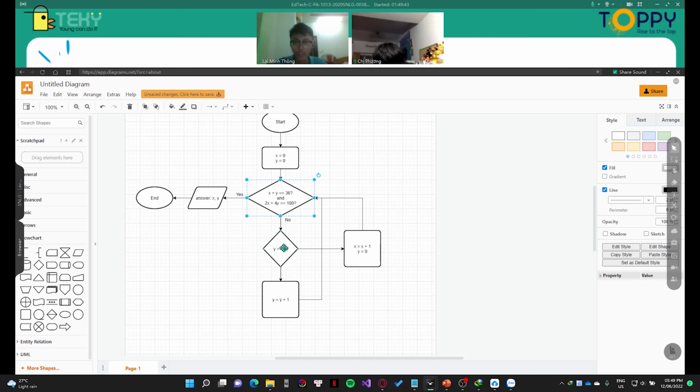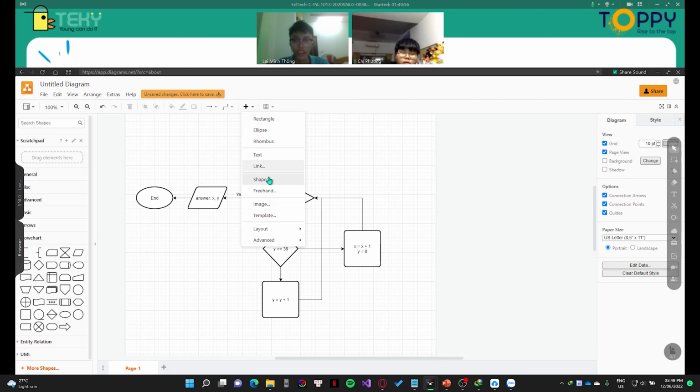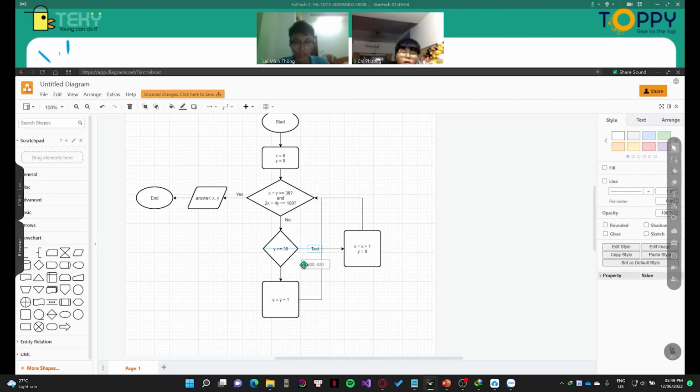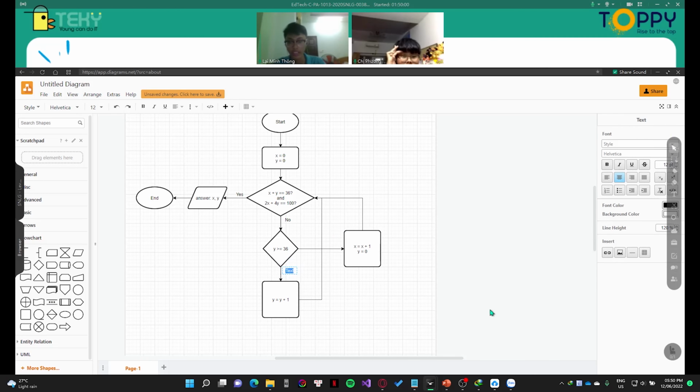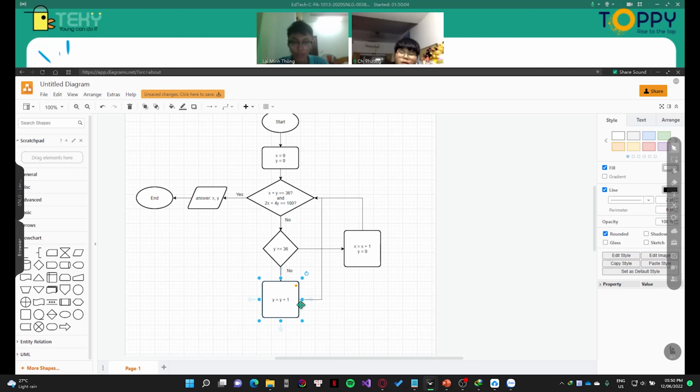But if it's not, we will make an iteration. But first, we need to check whether y is greater than 36. If y is not greater than 36, we will increase y by one and then return to check it again.